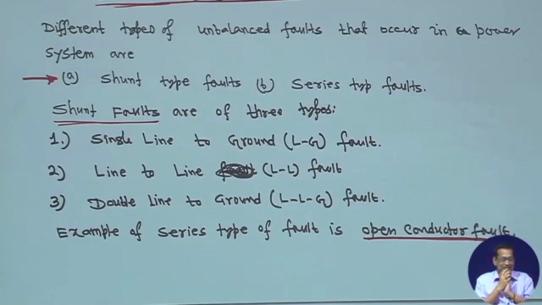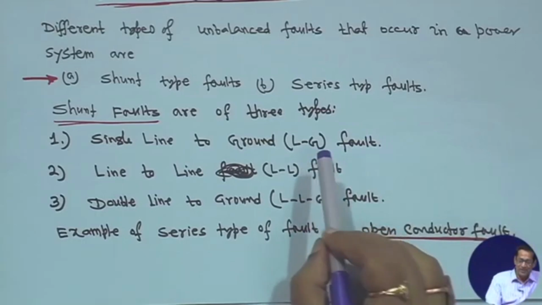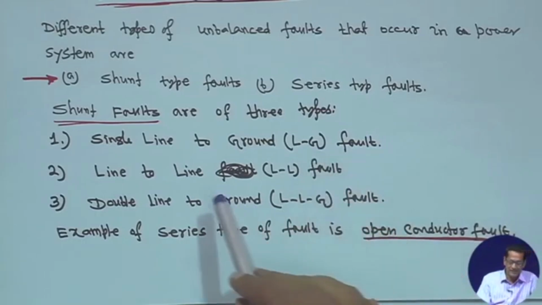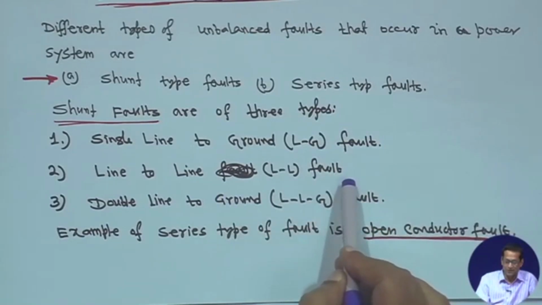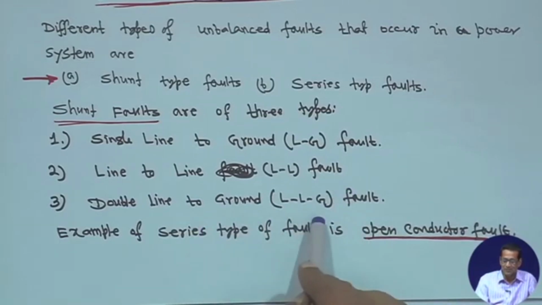One type is shunt type fault, another is series type of fault. Shunt type faults are single line to ground fault, which is very common, then line to line fault, which is also common, and sometimes double line to ground fault.